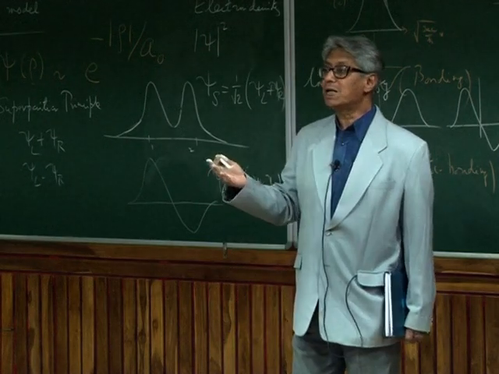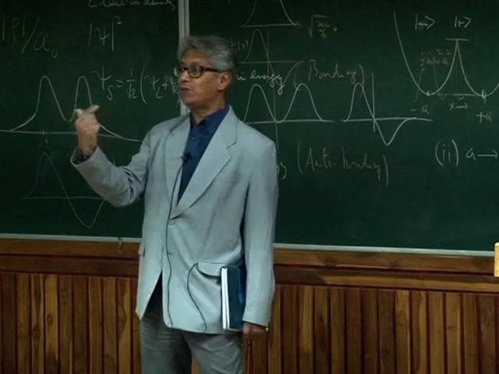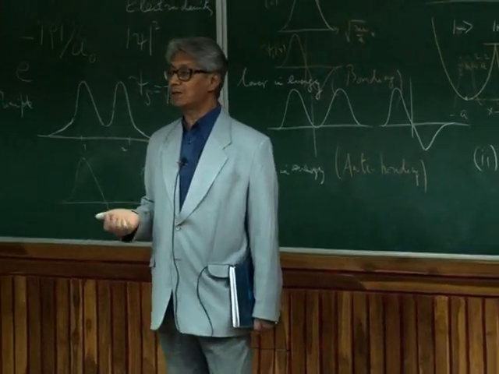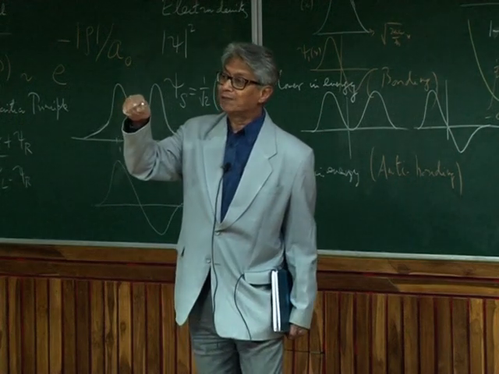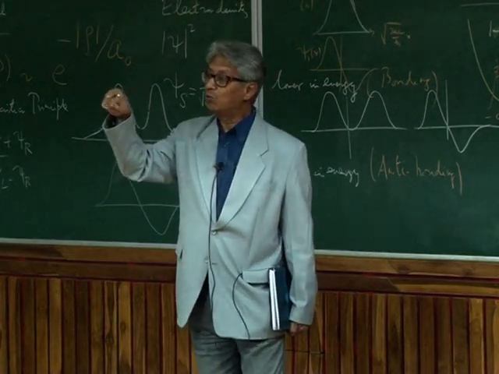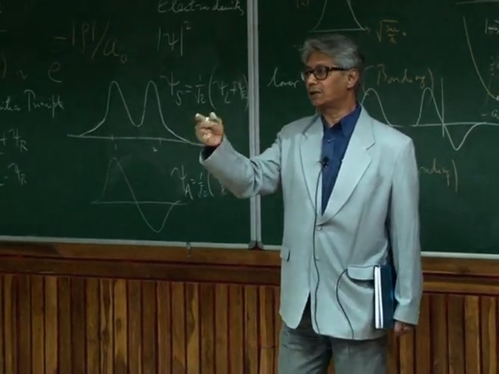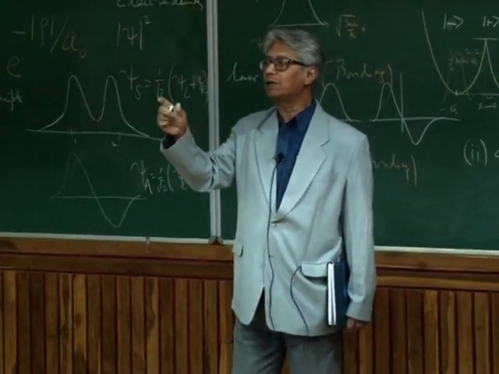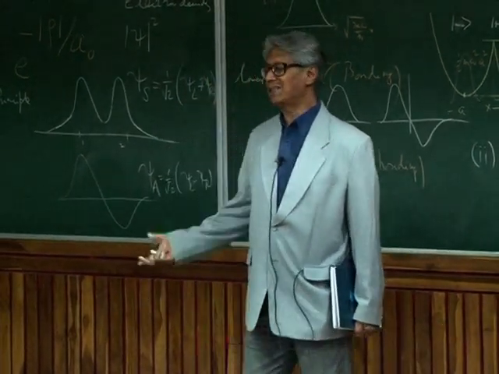So it's (v/c) × E in the rest frame of the electron. But that electron is rotating around its own axis, called the spin. So that pseudo-magnetic field will interact with the electron, giving rise to a Zeeman interaction, which is the spin sigma dotted with this (v × E)/c, of course.